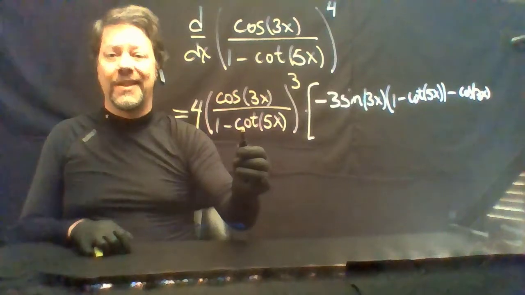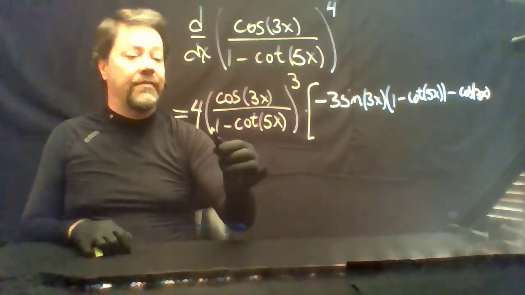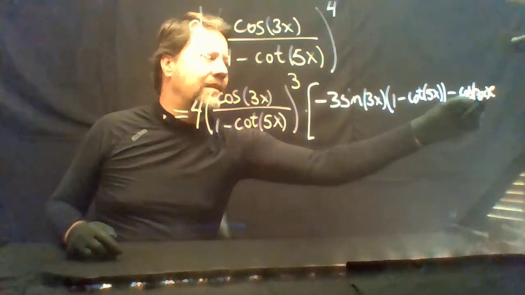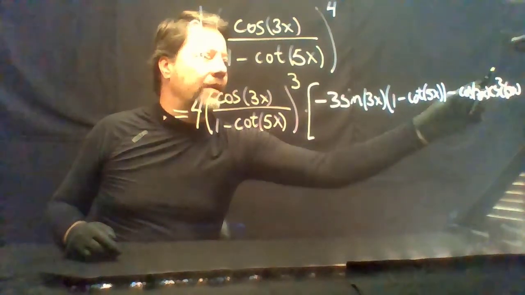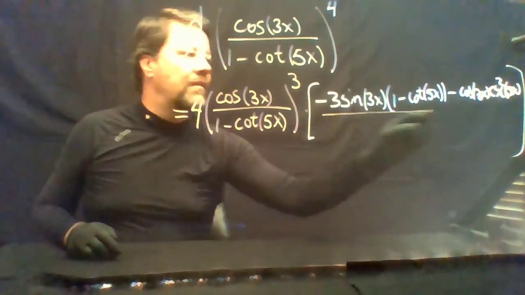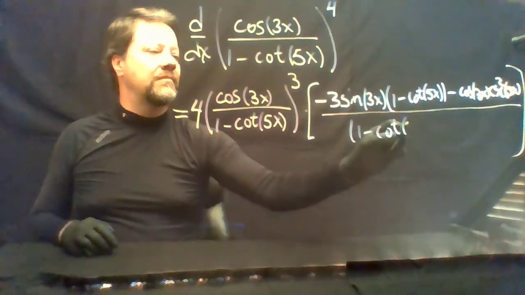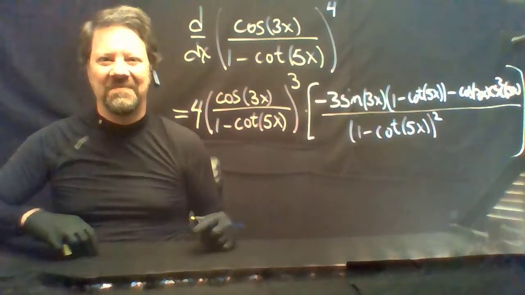Derivative of cotangent is negative cosecant squared. So negative negative will be positive, derivative of 1 is 0. We'll have a cosecant squared, which is going to be real hard to fit on the end of the light board, all over the bottom squared.